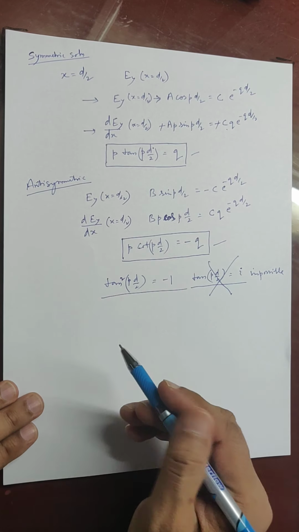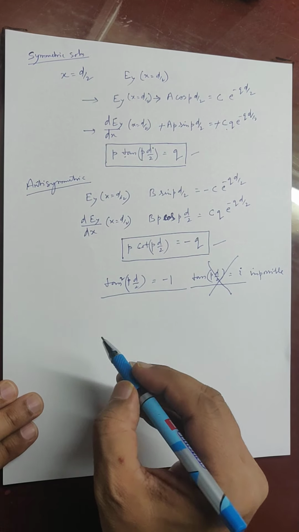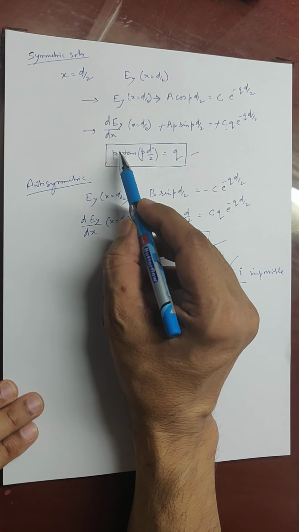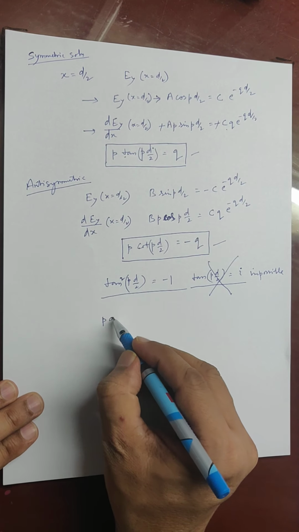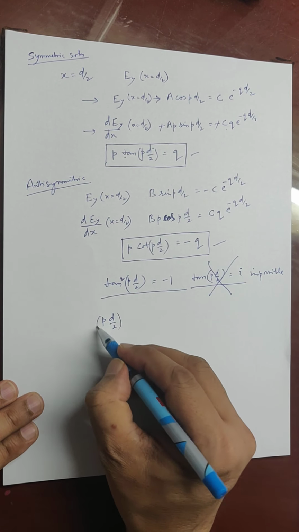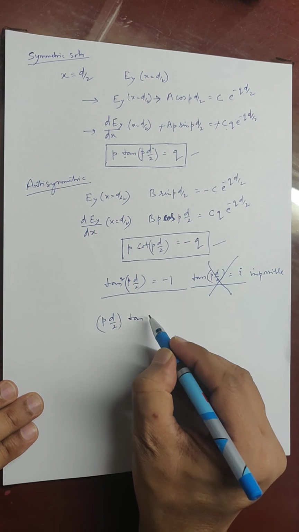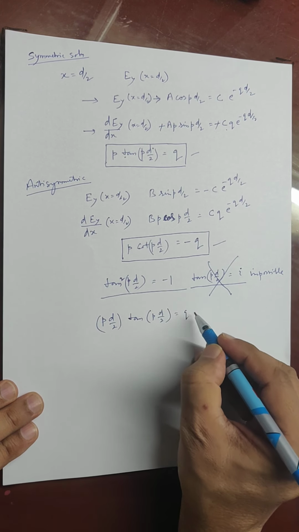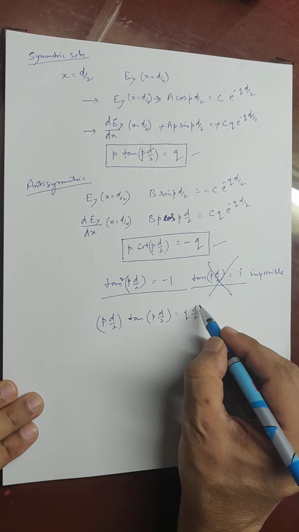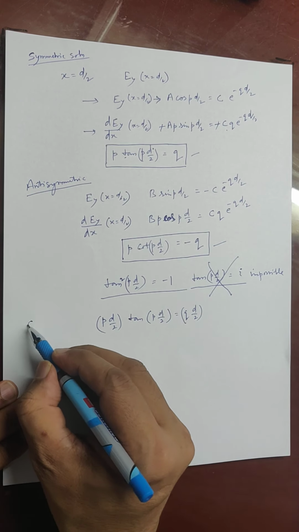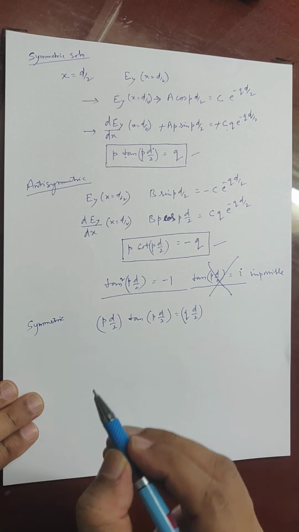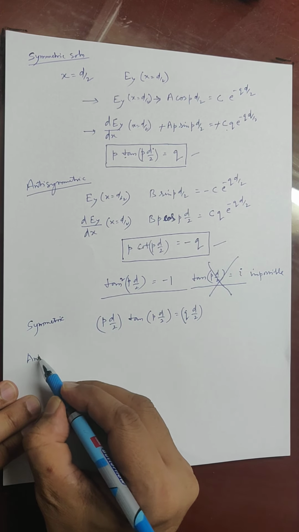So what do we get from these two equations? If I take the first one, I multiply d by 2 on both sides. So p d by 2 tan p d by 2 is equal to q d by 2. Okay, so this is for symmetric.